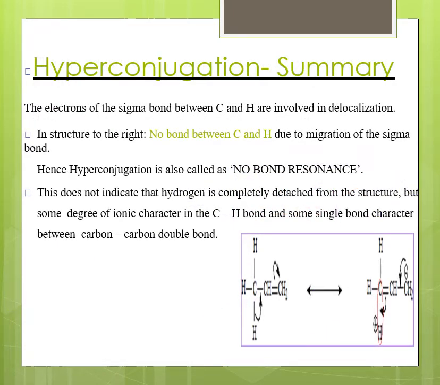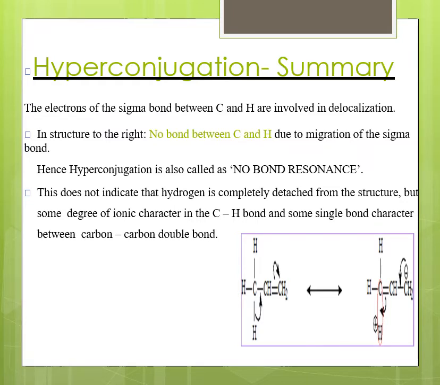The electrons of the sigma bond between carbon and hydrogen are involved in delocalization. In the structure to the right, there is no bond between carbon and hydrogen. So hydrogen will carry a positive charge, indicating that electrons are not present with this hydrogen, and the bond that was previously between the carbon and hydrogen exists no more.